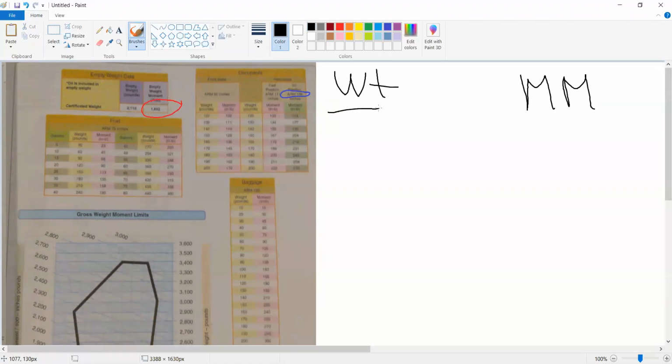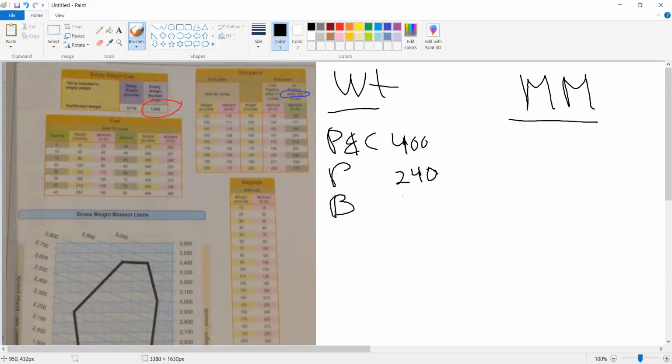Let's calculate it. We have pilot and co-pilot, which is 400. That's great. We have passengers, which is 240. That can stay. Then we have baggage at 20.